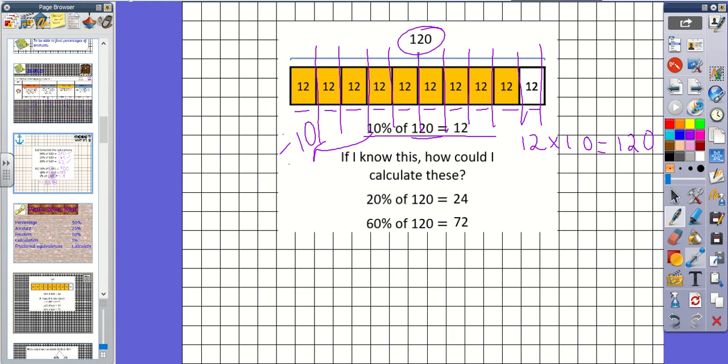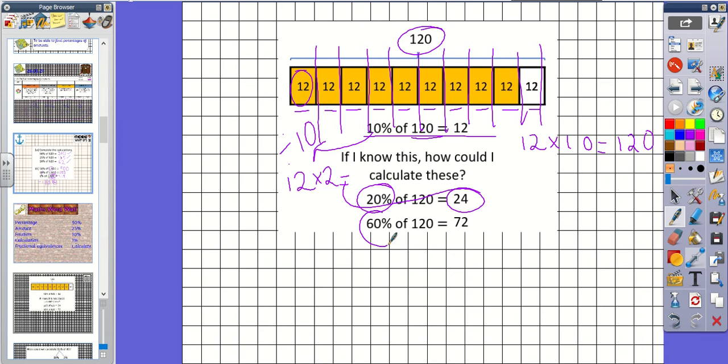So if we had 20%, I know what 10% is by dividing by 10. So I could divide by 10, which is 12, and 10 times 2 is 20, so I need to multiply 12 times 2, which would give me the answer of 24, okay?